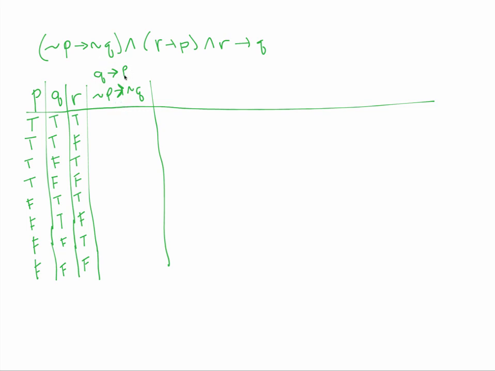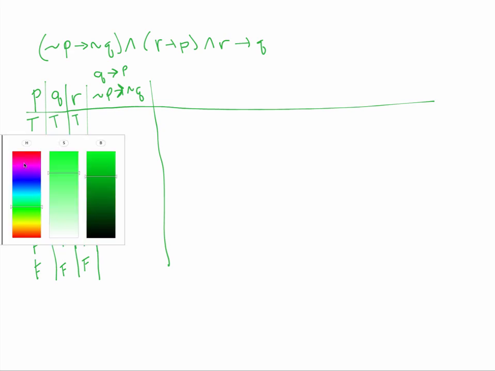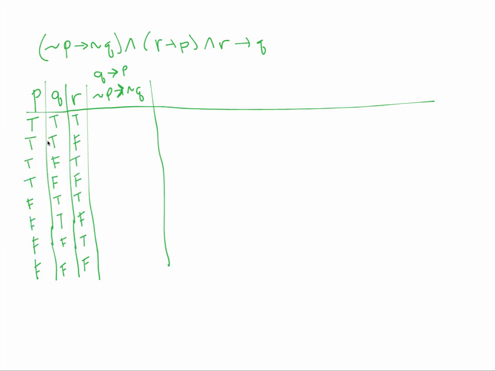And it's easier for me to look at it this way if I look at Q implies P. So if Q implies P, I'm looking at this column first, the Q, then the P. So true, true would be a true. The next one is a true. False then true is a true. False then true is a true. True then false is false. True, false is false. False, false is true.